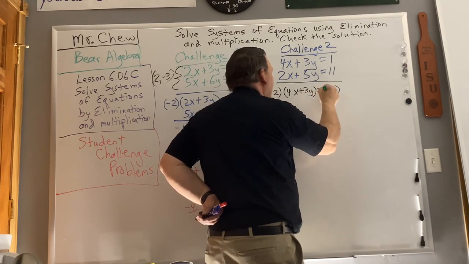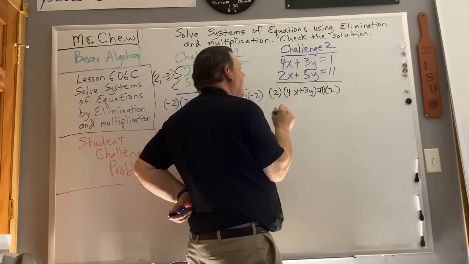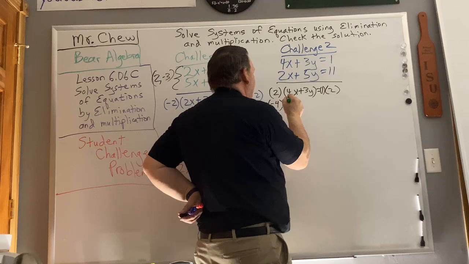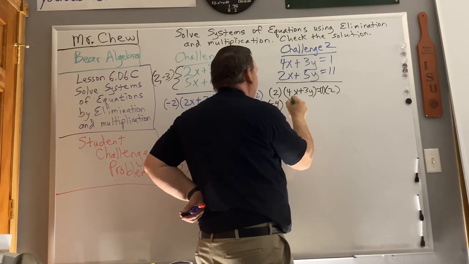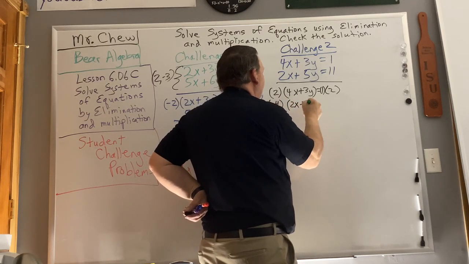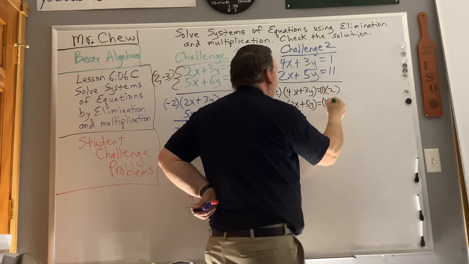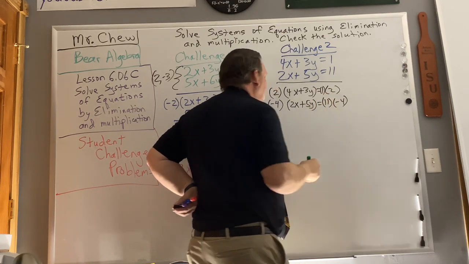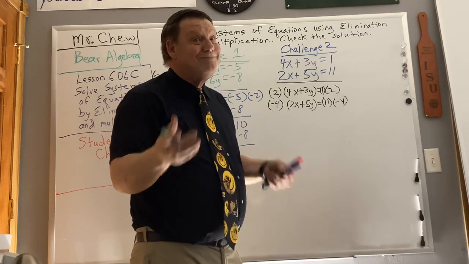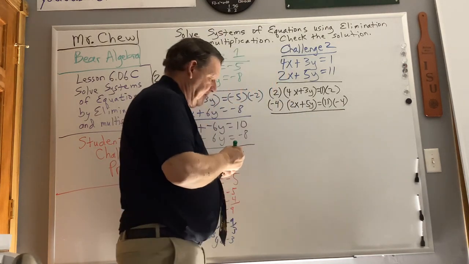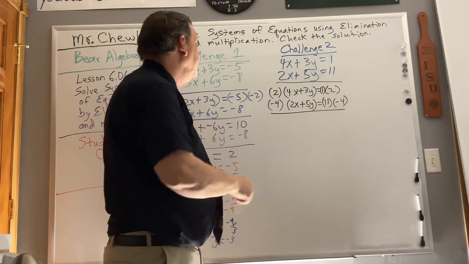So I have to multiply both sides by 2, and the bottom one by negative 4. And again, it really doesn't matter which of the 4 options that I gave you.